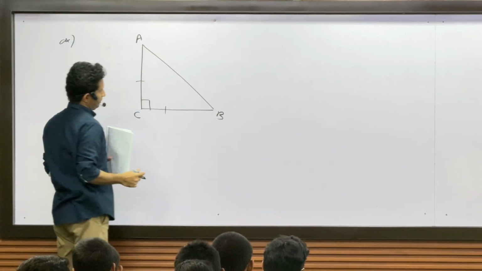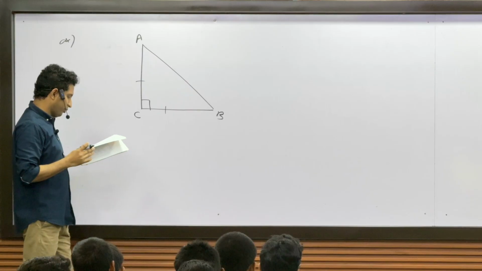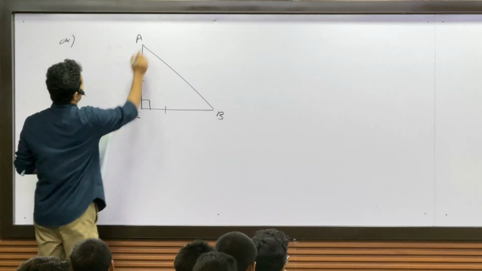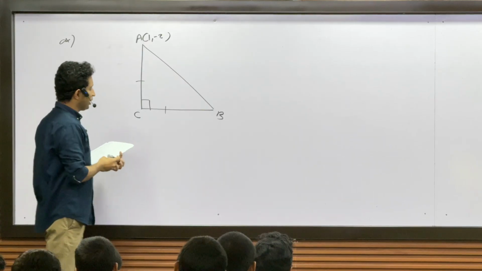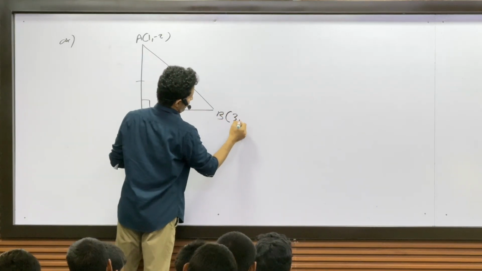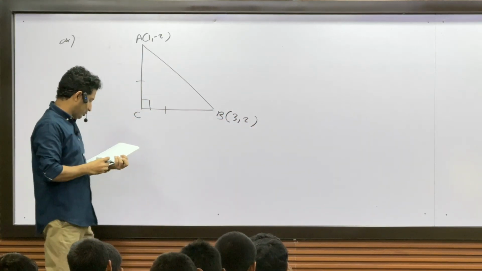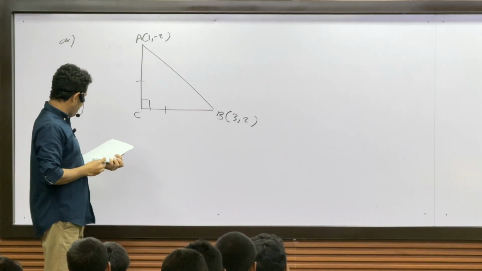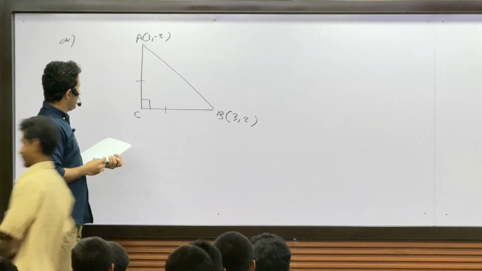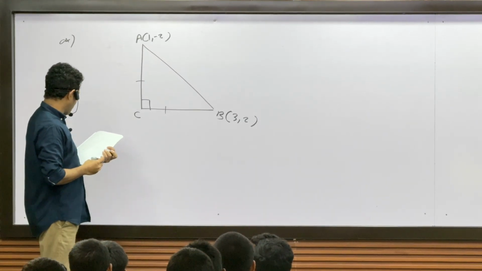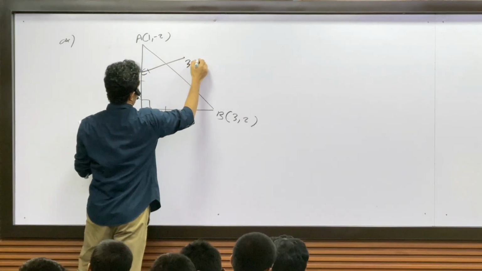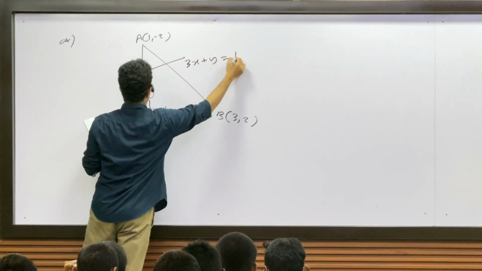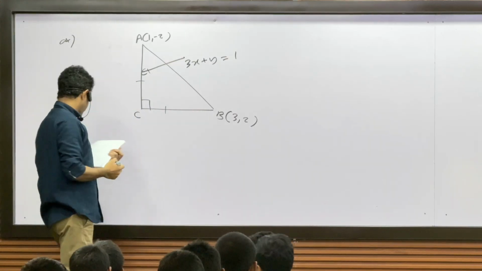Coordinates of A are (1, -2) and B is (3, 2). The equation of AC is 3x + y = 1.